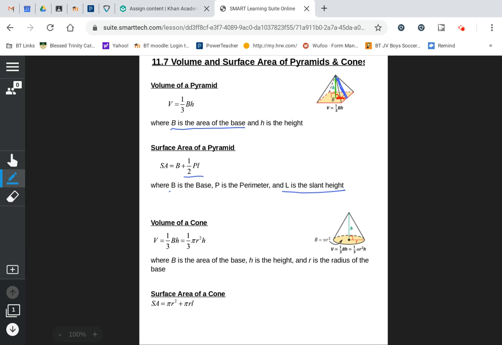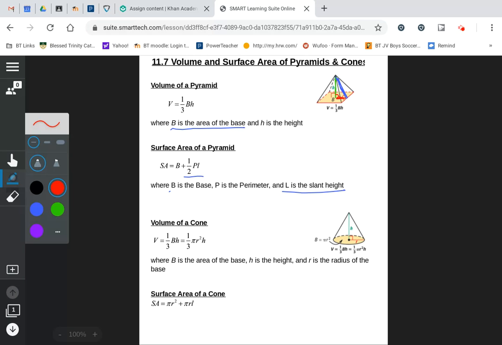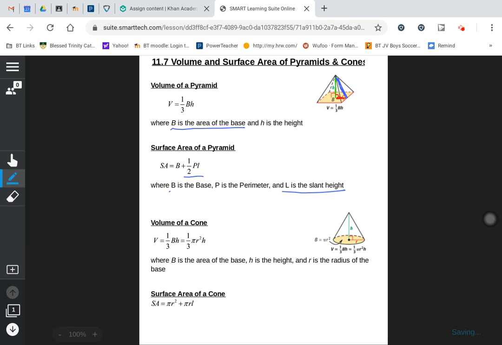All right. Cones are basically the same thing, guys, but instead of B, we're going to be using pi r squared because it's a circle. And the height still remains the same. It's still the straight up and down from the vertex or the apex of the cone to the center of the circle, the center of the base.